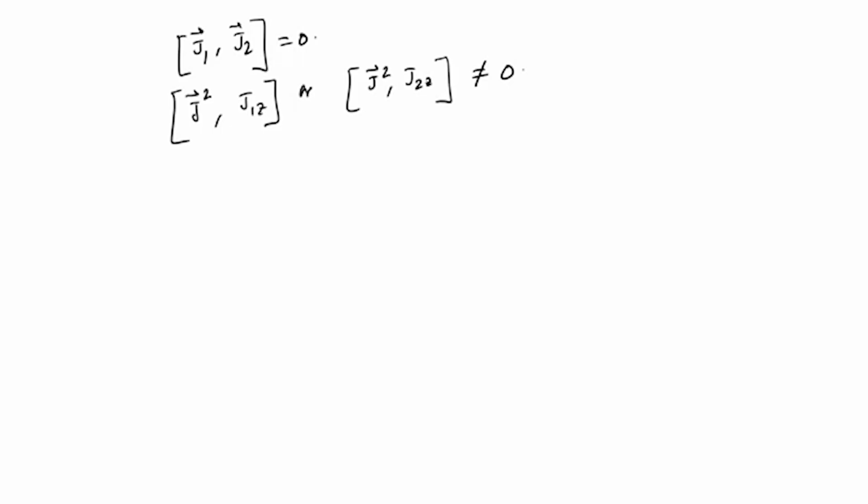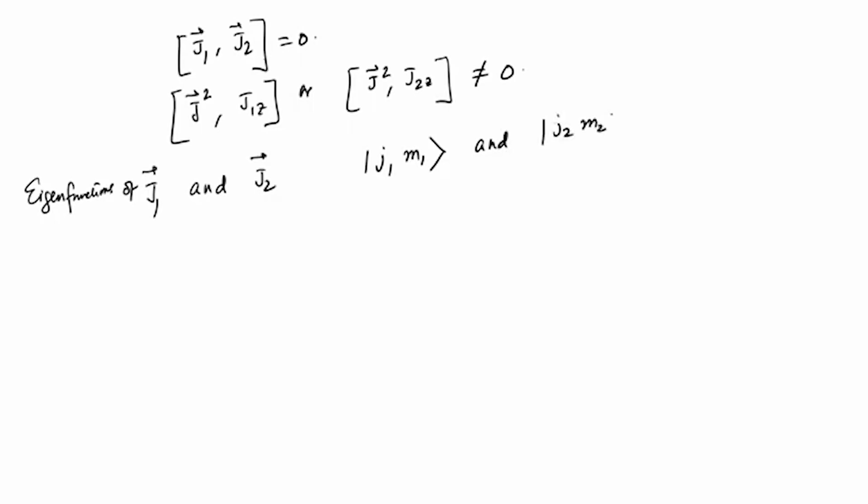And so, let us talk about the eigenfunctions corresponding to J1 and J2. The first one is |j1 m1>, which is what we have said in the last slide, and for J2 this will be |j2 m2>.